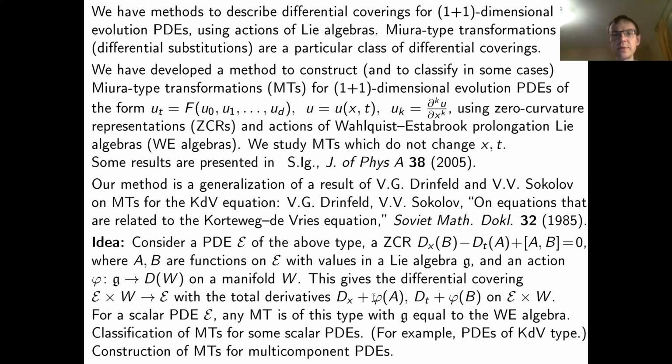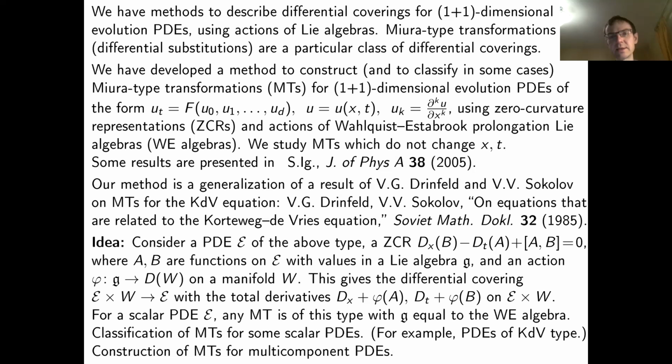So what I mean here, this manifold E cross W will also be isomorphic to the infinite prolongation of some PDE, and the total derivative of the PDE written in coordinates will look like this.